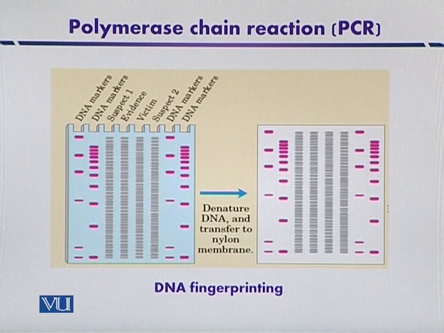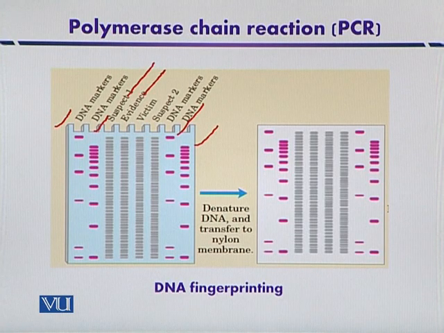In the next step, the DNA fragments are resolved on the gel and compared with different markers. For example, in the first two lanes, DNA markers are there on the right and left, and we have DNA from the suspect that can be compared with the evidence source.